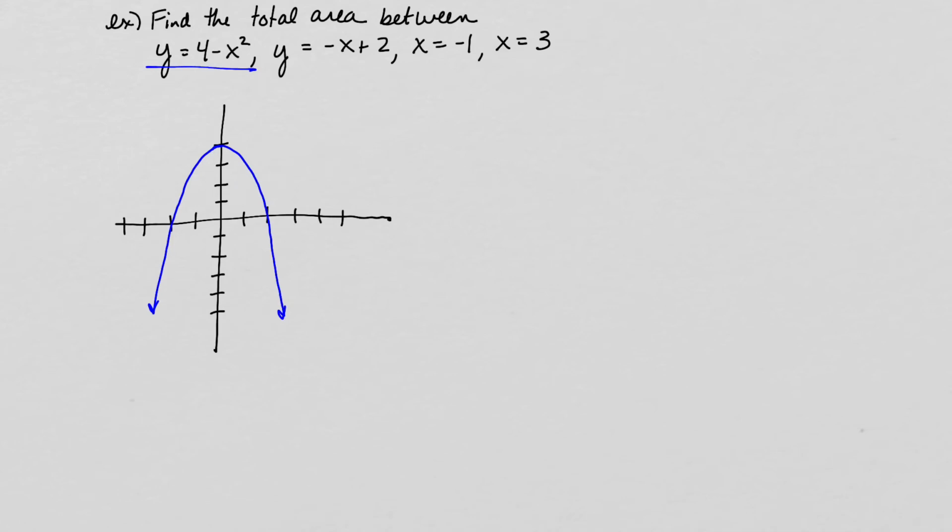The line y equals minus x plus 2, I'll do that one here in pink, crosses here at 2, and it has a slope of 1. So it's also going to cross through this point here. And then we want to go between x equals -1, which is here, and x equals 3, which is here.